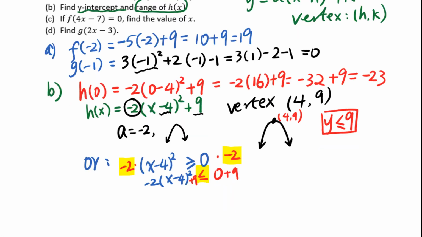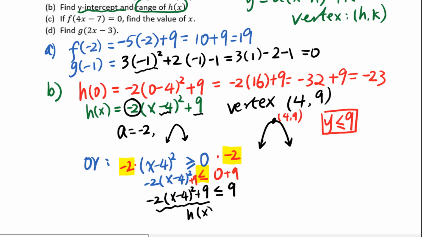Let me rewrite this function. We get negative 2 times (x minus 4) squared plus 9 less than or equal to 9. You could say this is h of x less than or equal to 9. Y equals h of x. So we can write down y less than or equal to 9.